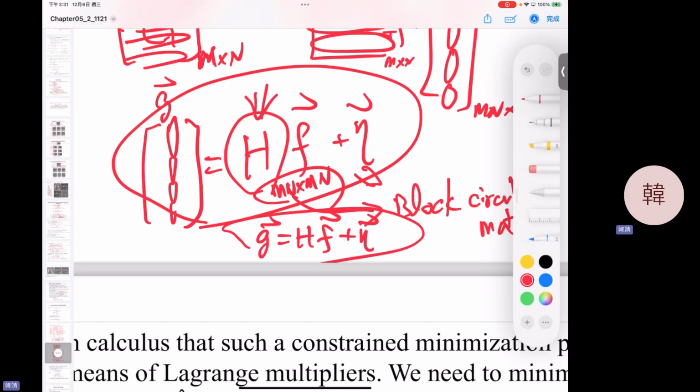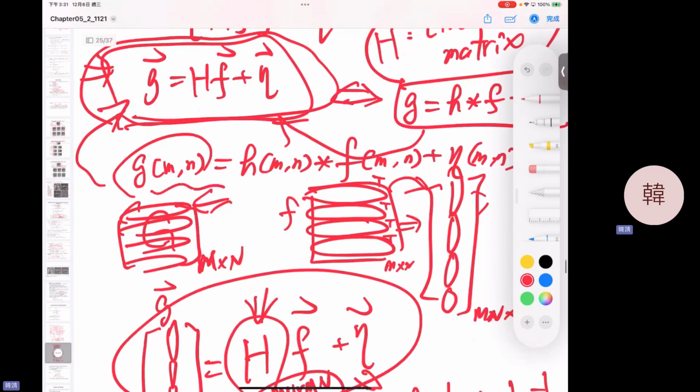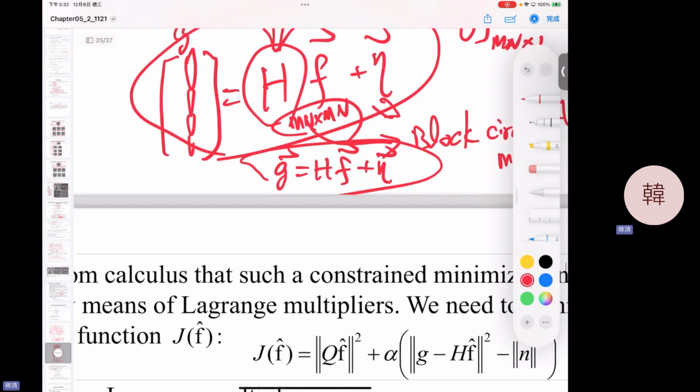In your memory it should be like this one, right? In the spatial domain, we are going to do convolution. It's fine, but we can remodel this formula into matrix vector format. So please accept that later on, we are going to use this matrix vector format in our mathematical derivation.